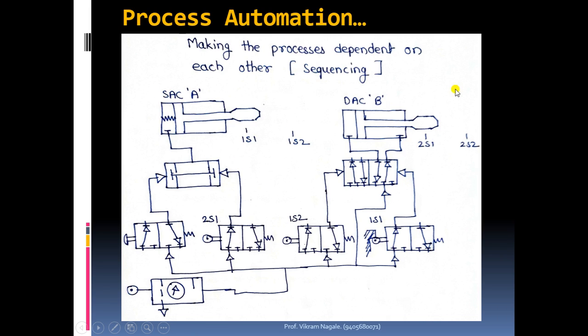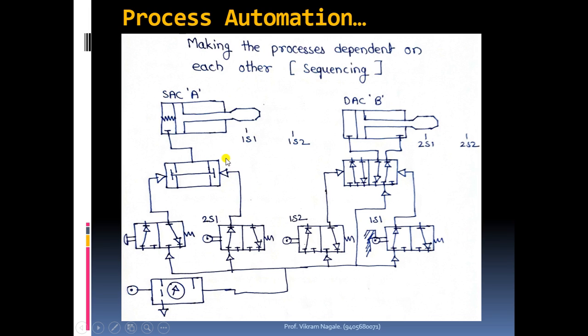Okay, so whenever cylinder B is extending, the rod end will leave the 2s1 position, and as soon as it leaves the 2s1 position, this roller lever will get released, and the connections will get shifted to the right side block. Means the air which is coming at this port 3 for the AND valve will get exhausted into the atmosphere.